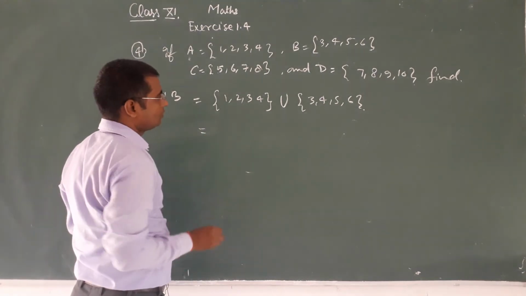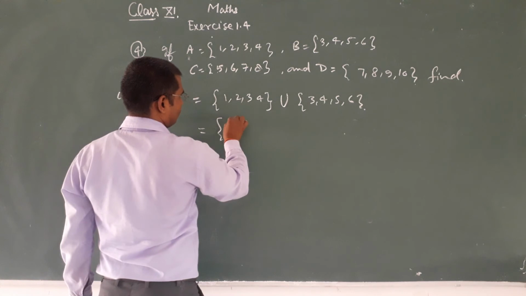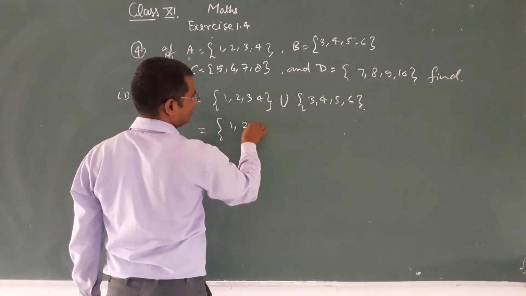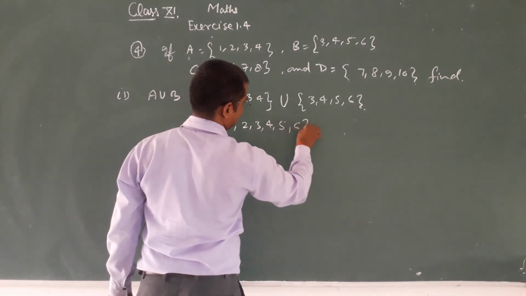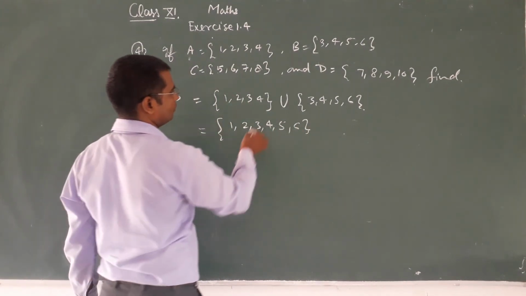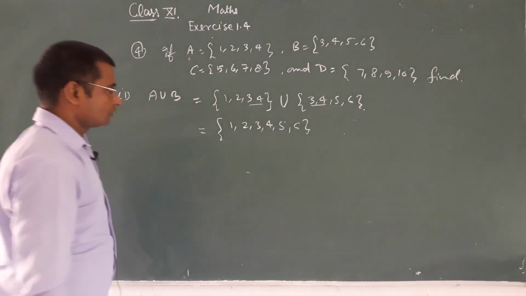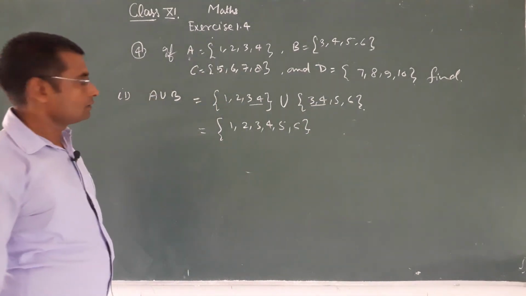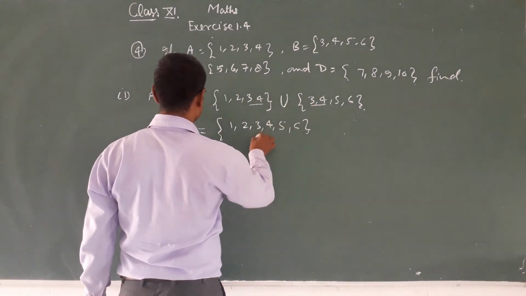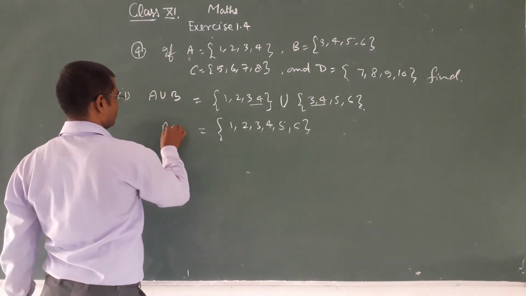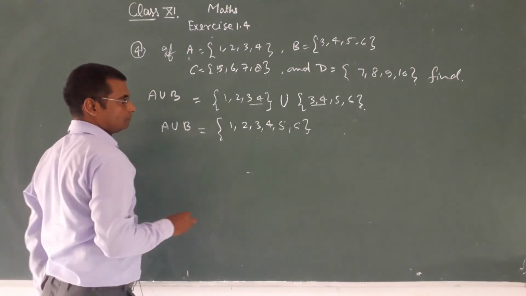So write 1, 2, 3, 4 and 5, 6. So 3 and 4 are in both sets, so write them only once in this set. So you can find A union B.